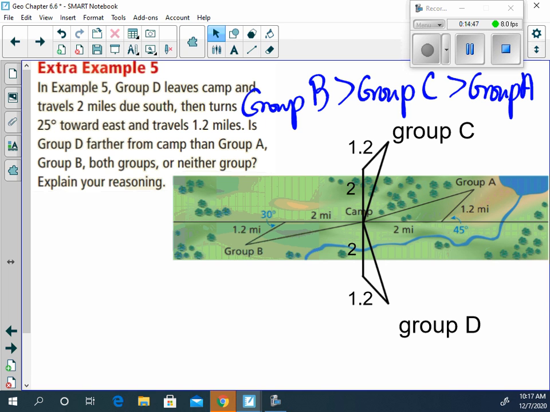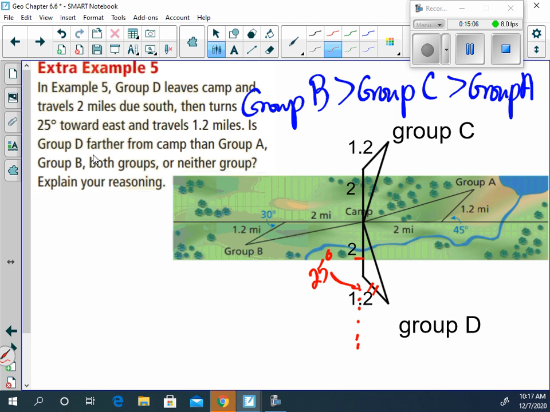We'll come back to it later. Now, group D traveled 2 miles south and then turned east 25 degrees. So our angle on the outside is 25 degrees.